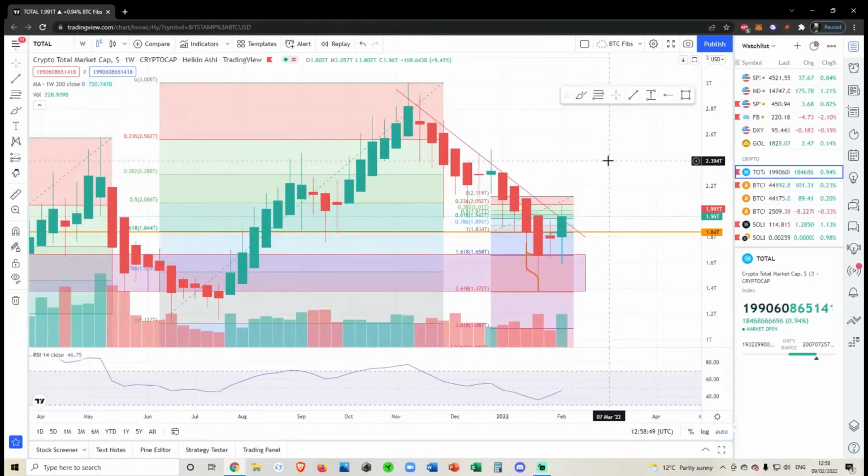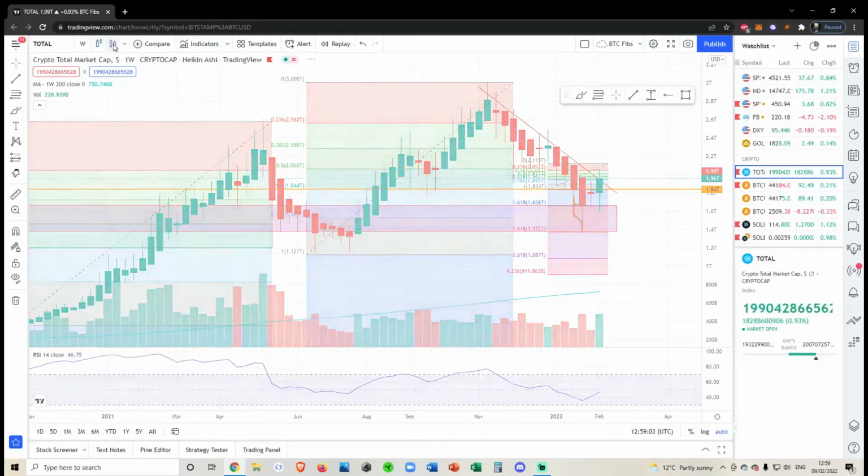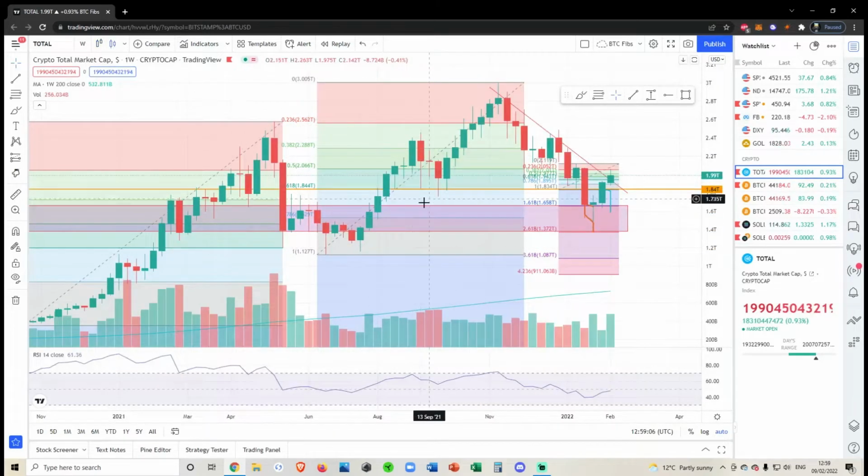Now you might be wondering why you would want to use Heikin-Ashi candles when you can use Japanese candlesticks. It's basically one very simple reason. Japanese candlesticks don't characterize uptrends and downtrends very well simply by looking at the green and red candles.